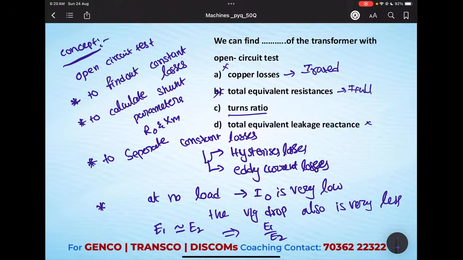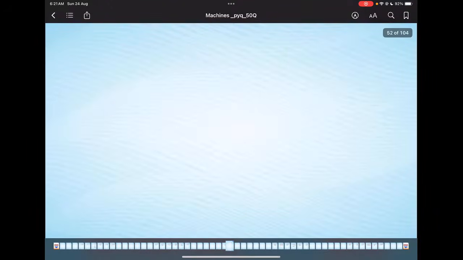E1 you can get from the applied voltage, that is the rated voltage. Since the current is very less, the voltage drop is near about 0, so E1 is near about E2. From this you can calculate the ratio E1 by E2. So the turns ratio you can calculate from the open circuit test. This is the suitable option for the given question. Okay, we'll move on to the next question.